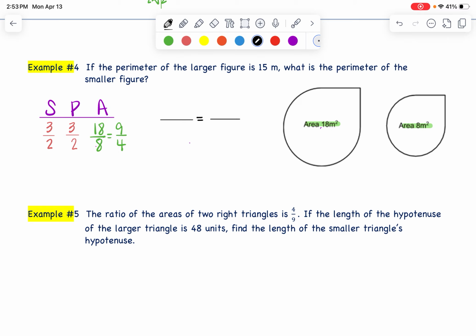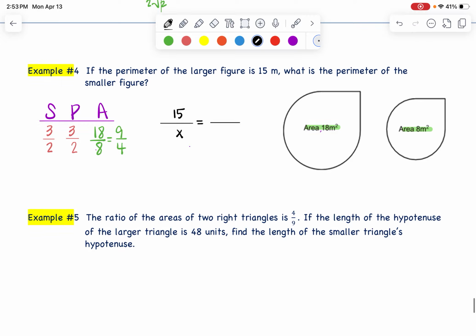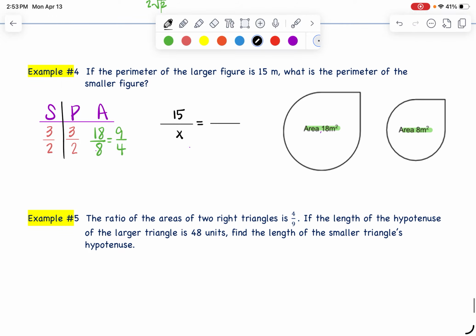So it said, if the perimeter of the larger figure is 15, I'm going to put the larger figure on top because I did large to small. What is the perimeter of the smaller figure? I don't know, so 15 over x. And then because we're talking about perimeter, I have to make sure I use the perimeter ratio.